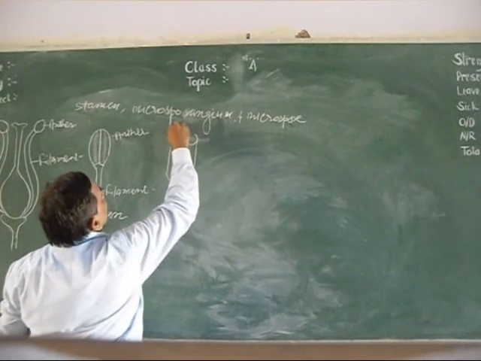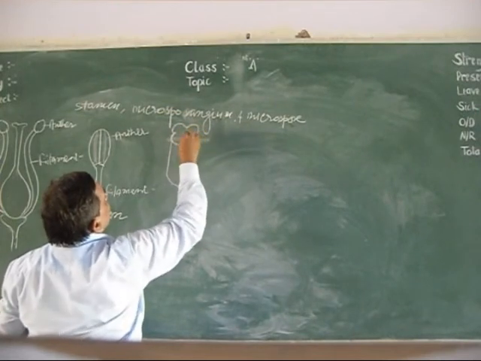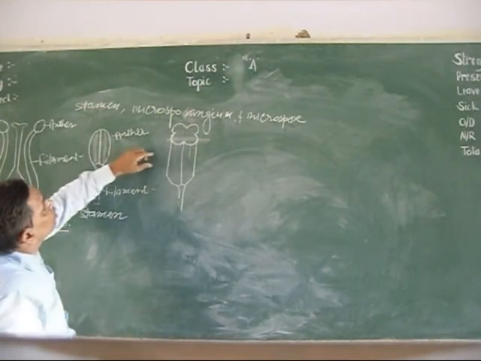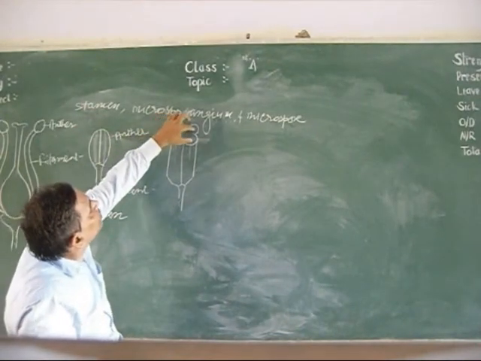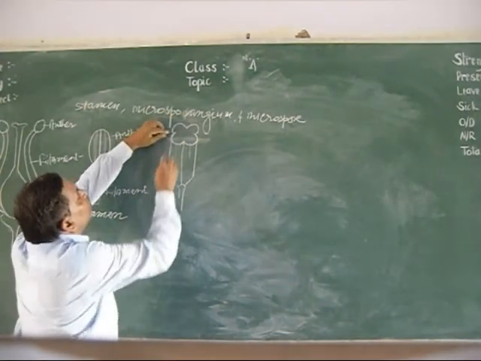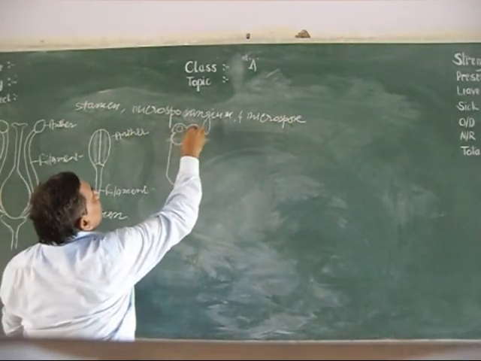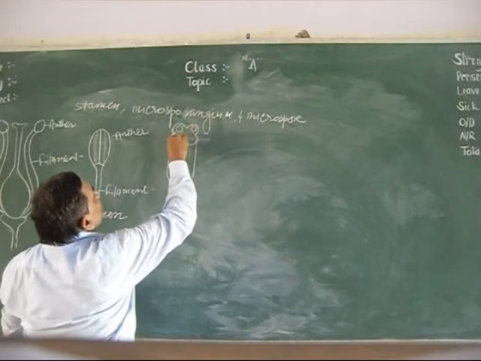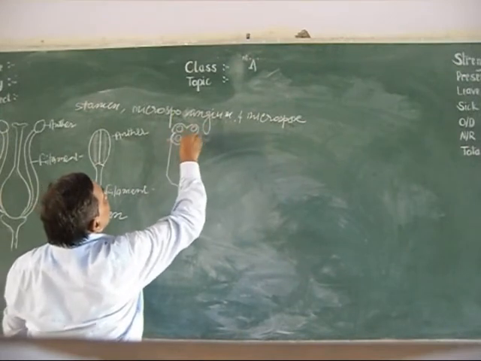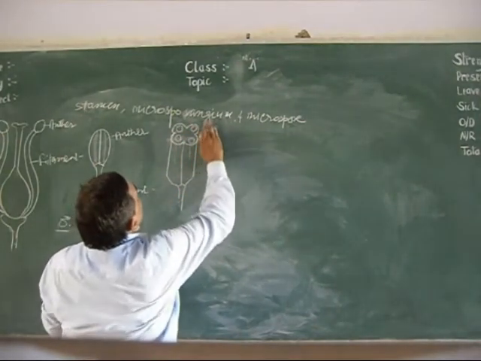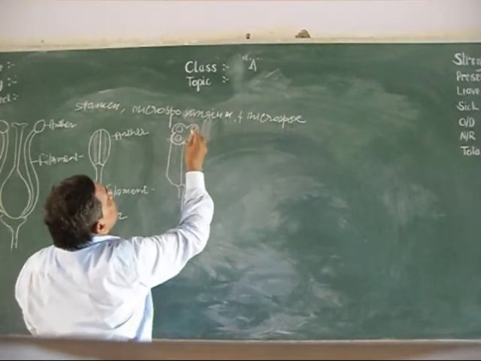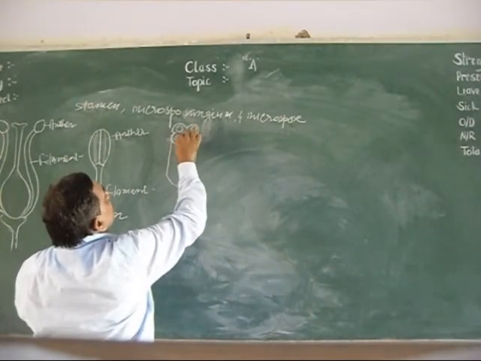If you cut the transverse section, here is one lobe and this is the other lobe. But due to this groove, there is one theca and the other theca, and at each corner here is the microsporangium. Each corner is a microsporangium.